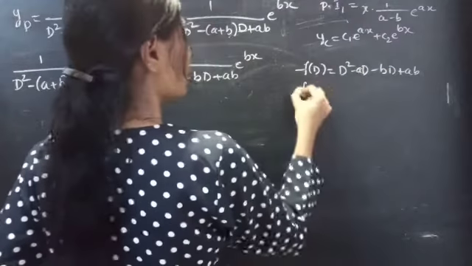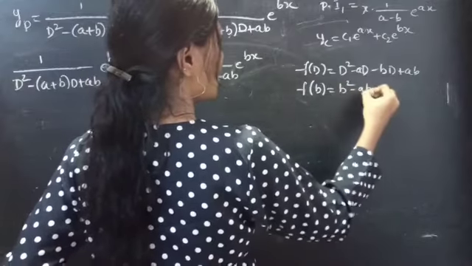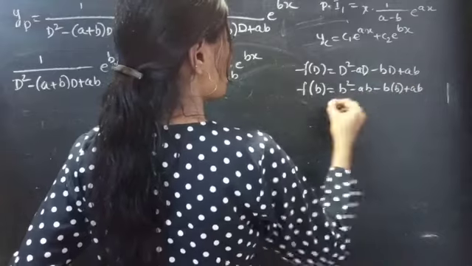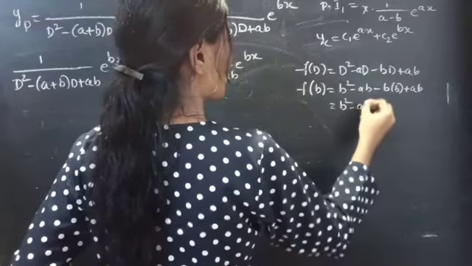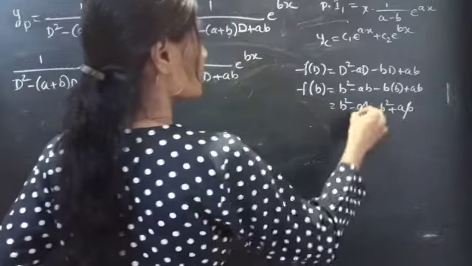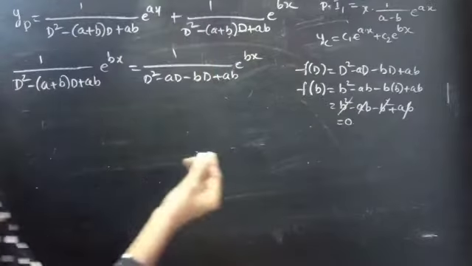Now let's find f of b. We'll get b square minus ab minus b square plus ab. Here plus ab minus ab gets cancelled, plus b square minus b square gets cancelled, and you will get 0, right?